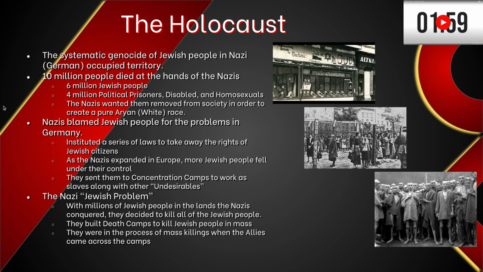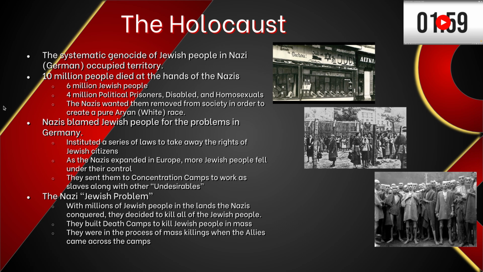So I'm going to be bouncing back and forth here between what's on the screen and what's not on the screen. So at the end of the Holocaust, 10 million people had died at the hands of the Nazis. The 10 million comes out to 6 million Jewish people.